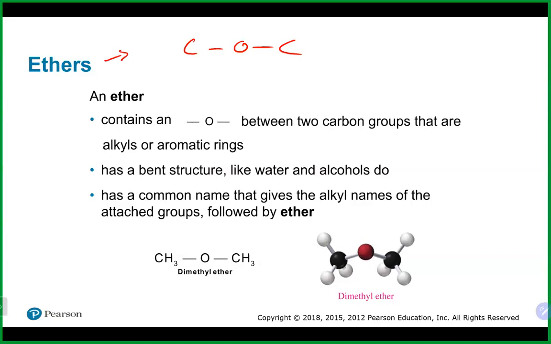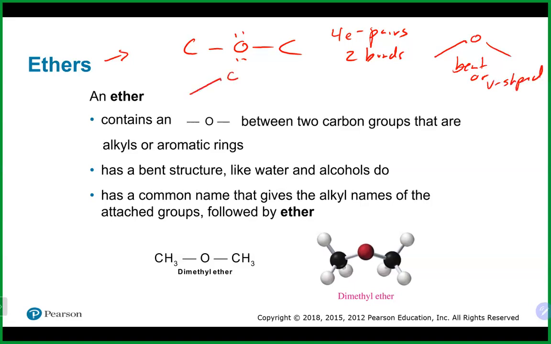It will have this bent structure or V shape, very much like water, because if we draw our non-bonding electron pairs in there, that's basically 4 electron pairs around the oxygen and 2 bonds, which gives us that geometry of bent or V-shaped. And this is how we oftentimes will draw it in line structure. There obviously are carbons on the other side of it and our oxygen coming into it.